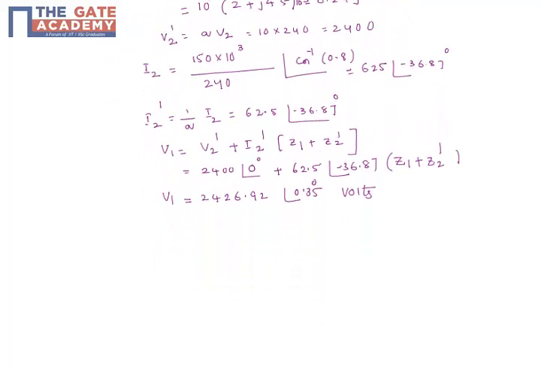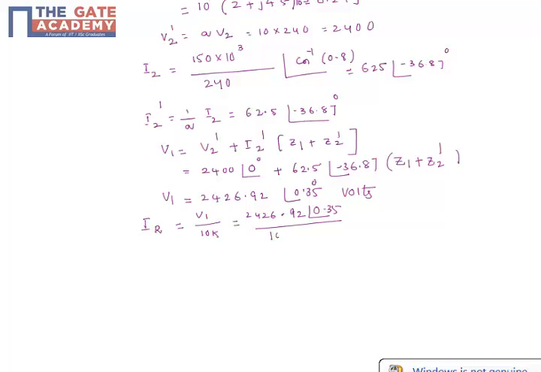Okay, so now I'm going to find IR. So IR is nothing but V1 by 10K. So V1 is 2426.92 at an angle of 0.35 divided by 10 into 10 cube.